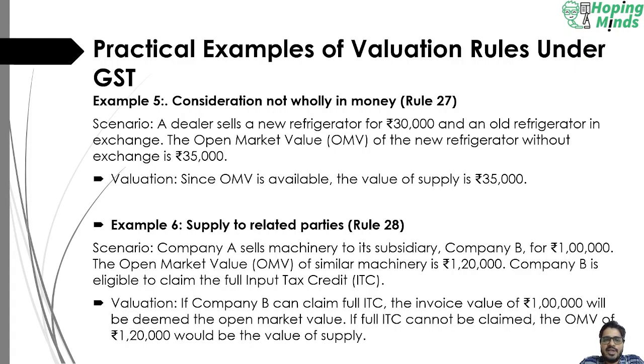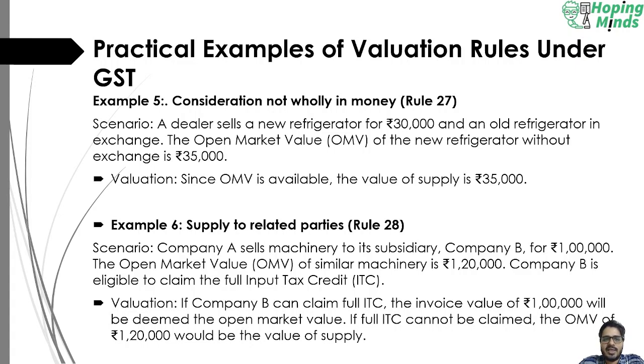Then we have supply to related parties. Related party transactions are covered by Rule 28. So Company A sells machinery to its subsidiary, Company B, for rupees 1 lakh. The open market value of similar machinery is 1,20,000.